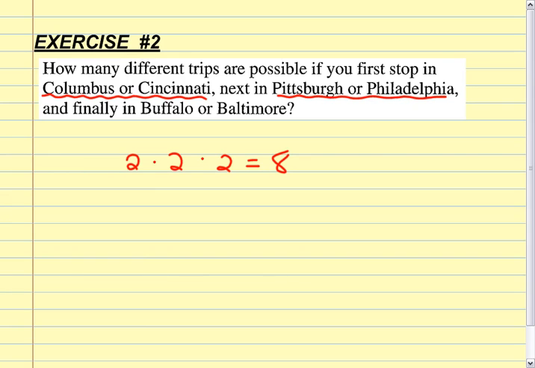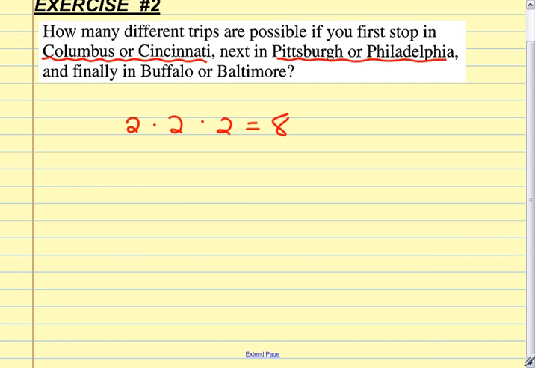Now, I can use a tree diagram and it will show me all of the different trips that I can take. So I can do Cincinnati, I'll do CI, or Columbus is CO. And from Cincinnati, I can go to Pittsburgh or Philadelphia.